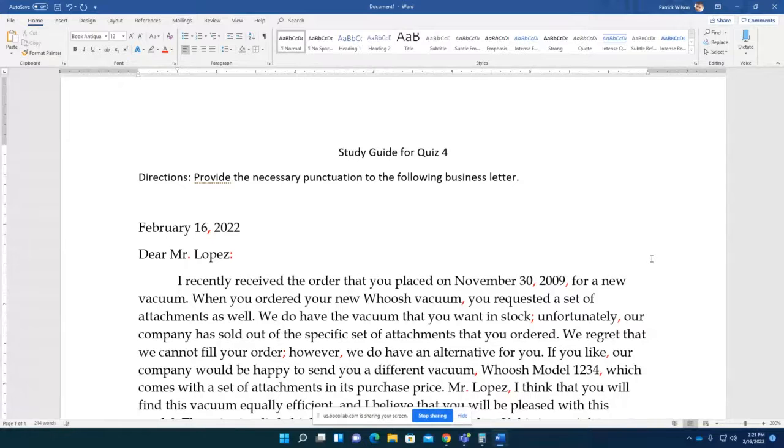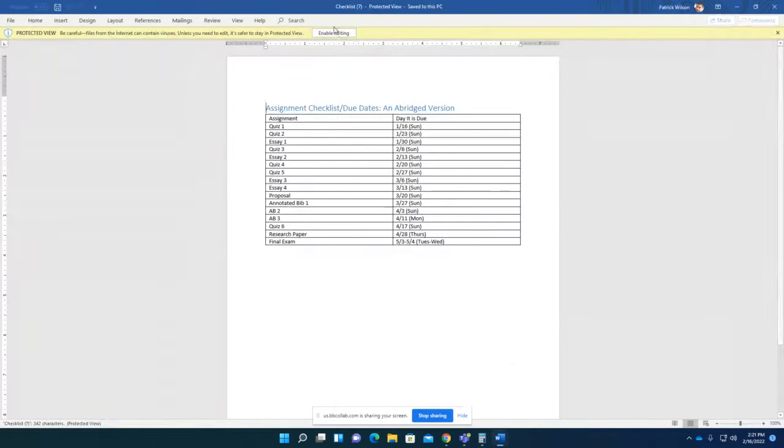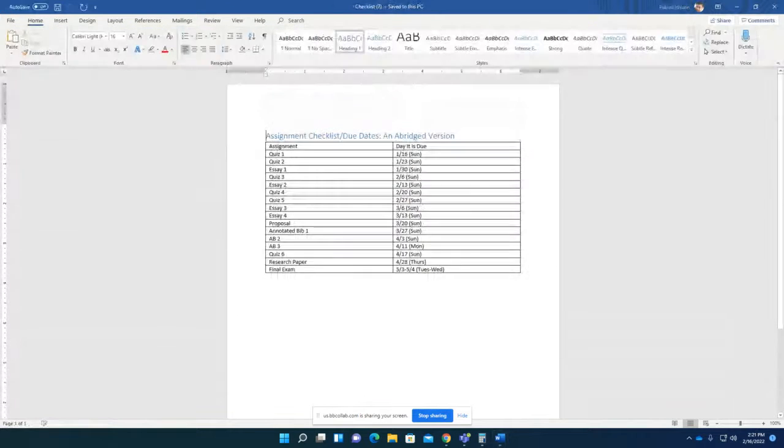Just continue to work on your essay 3, which will be coming due if we look at our actual assignment checklist. We can get a better understanding of when that's going to be due here.